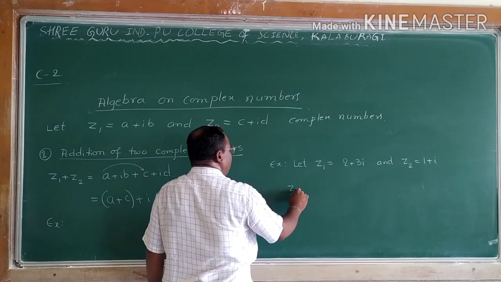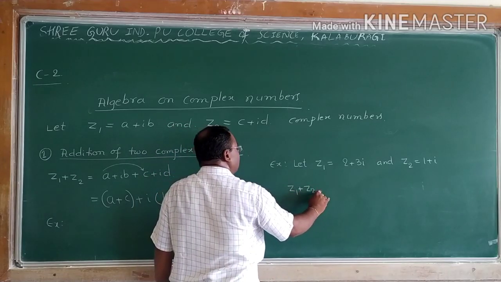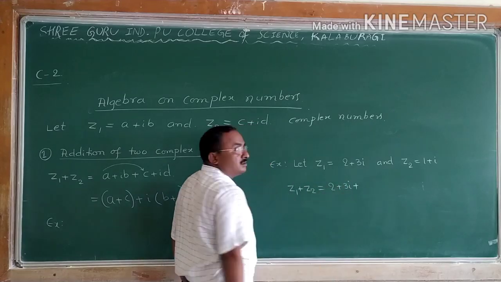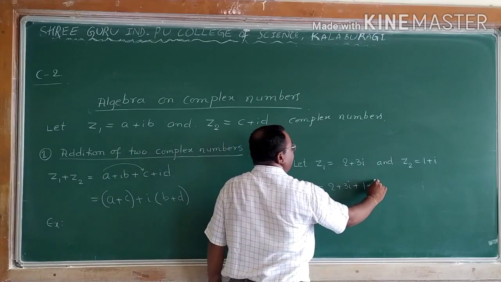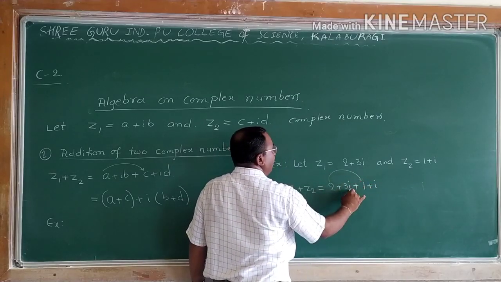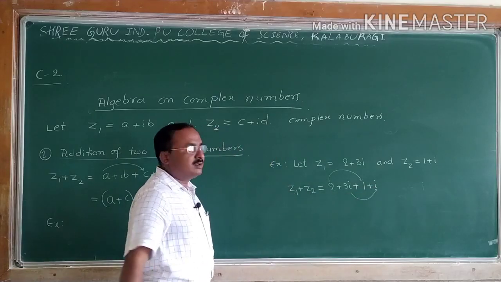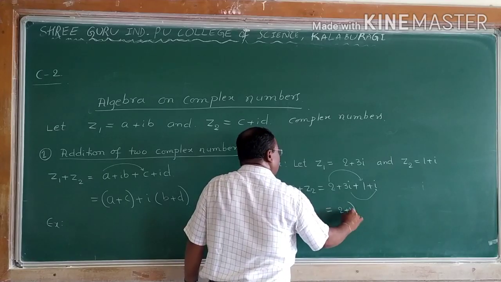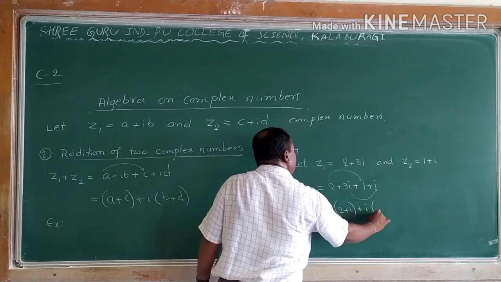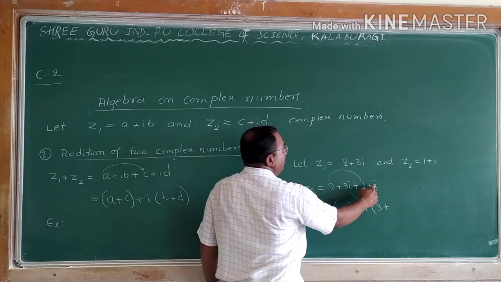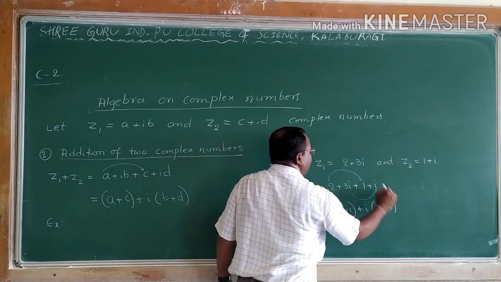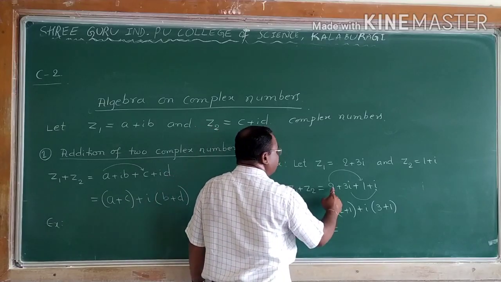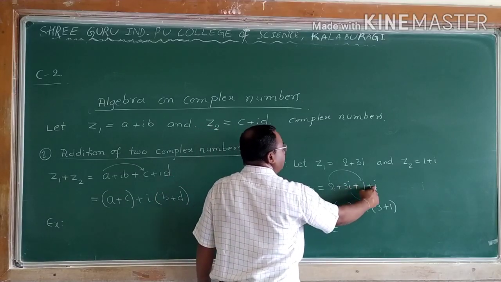Addition of these two complex numbers, z1 plus z2 is what? 2 plus 3i plus 1 plus i. Add real, add imaginary. 2 plus 1, plus i taking common, 3 plus, here i is there, its imaginary part is what? 1.